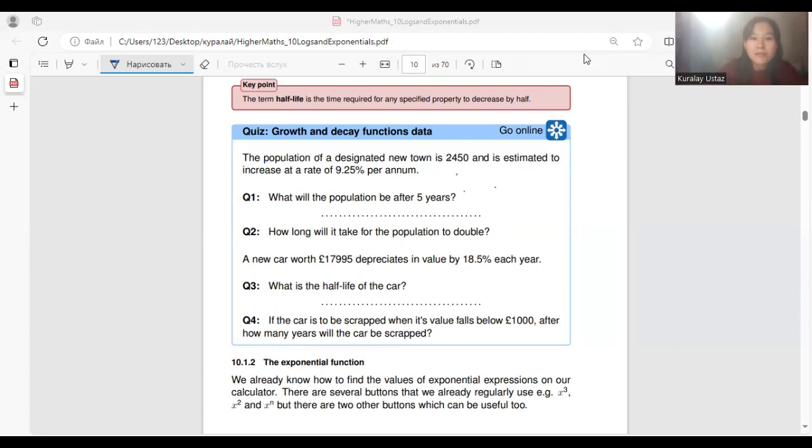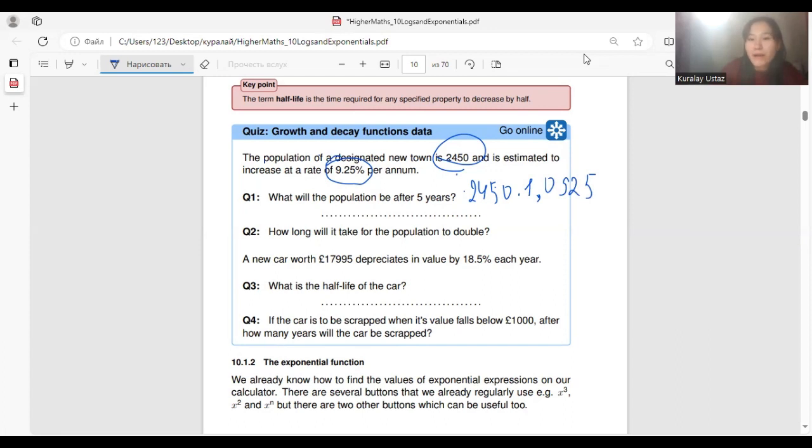Here, it's given the population of this town and the rate of increase. So what will be the population after 5 years? We just multiply them, yeah? If you add it to 100%, this one is 1.925, yeah?